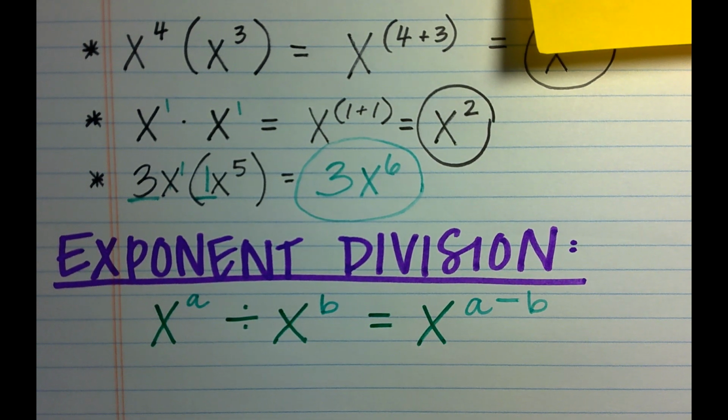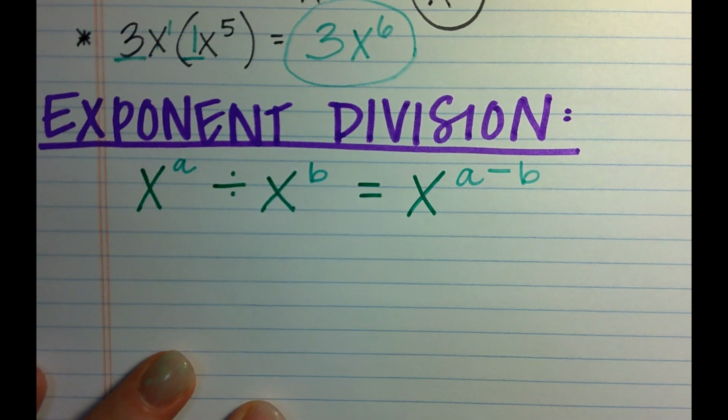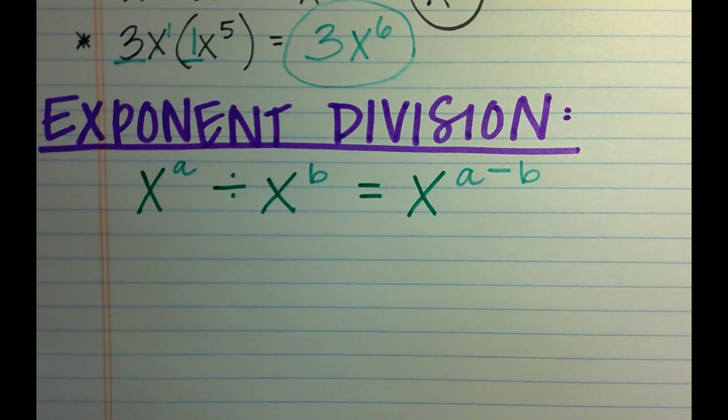It's just the opposite. So just like multiplication, when we are multiplying exponents, we just add them. When we are dividing exponents, we are subtracting numbers. Now we're doing the opposite.